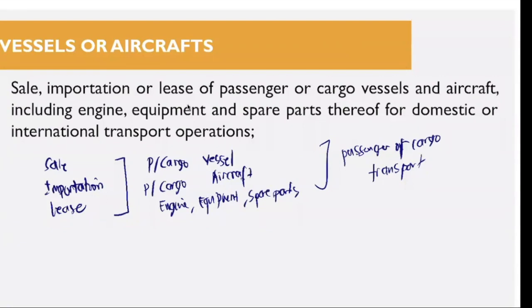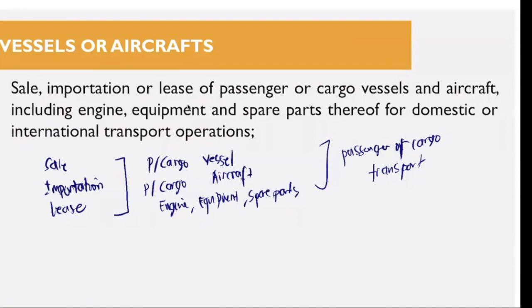So, pagka kasi transportation yan, either passenger or cargo or both. Meron kasi yung passenger na nga, may cargo pang laman. Meron naman yung purely passenger lang, meron naman yung purely cargo. So if ever it is either passenger or cargo, if that is vessel or aircraft, exempt, including the passenger or cargo engine, equipment, or spare parts of that vessel or aircraft.